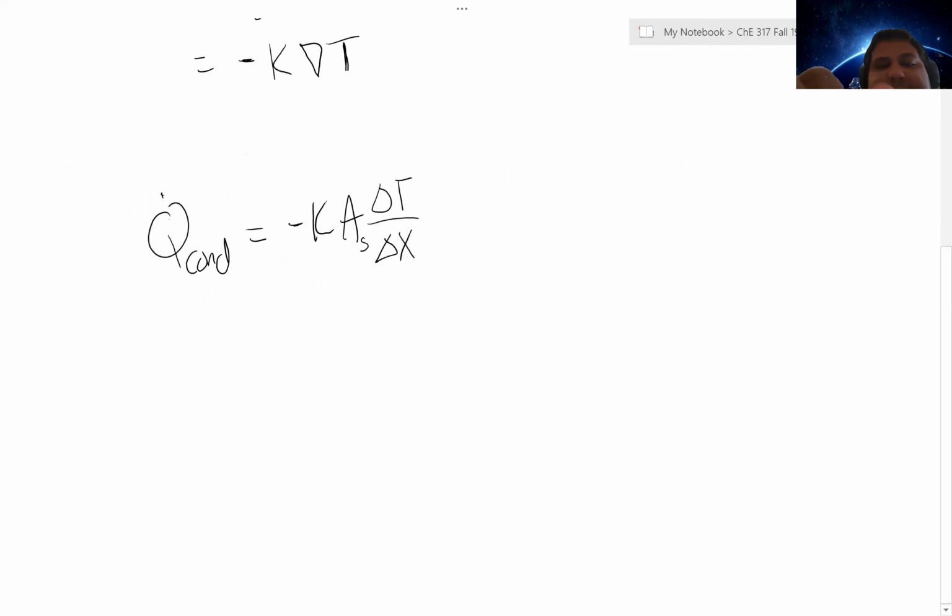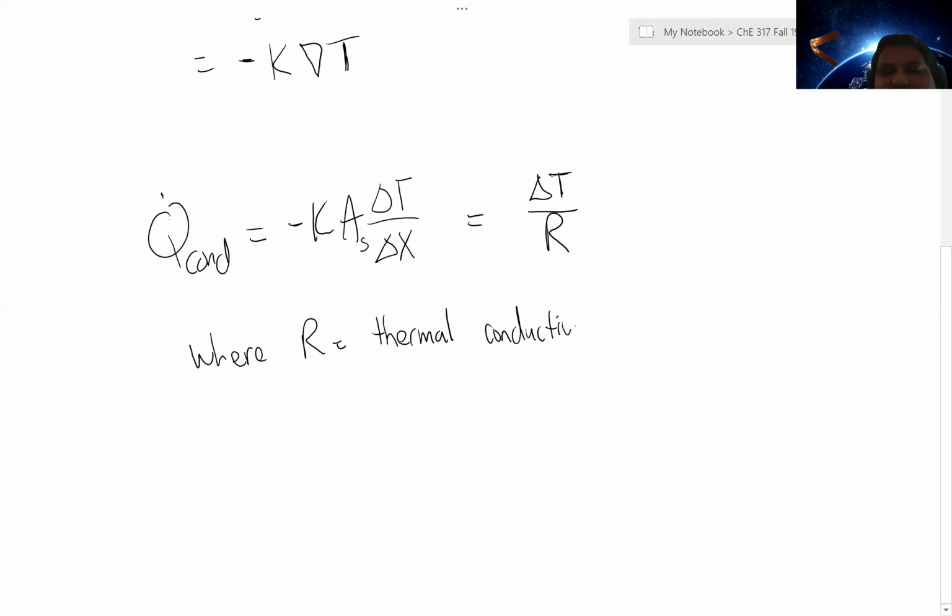I can also rewrite this expression as the temperature difference over R, where R is the thermal conductive resistance of our material.